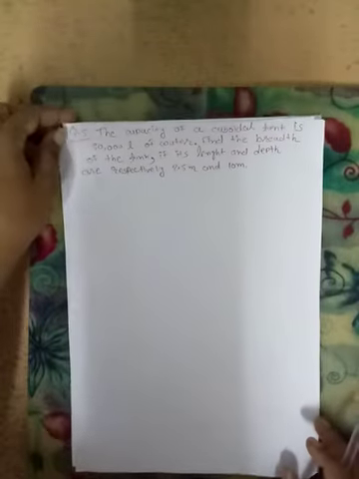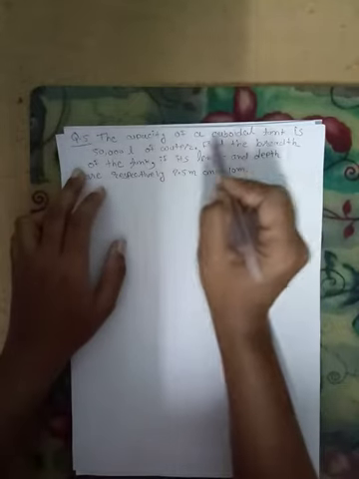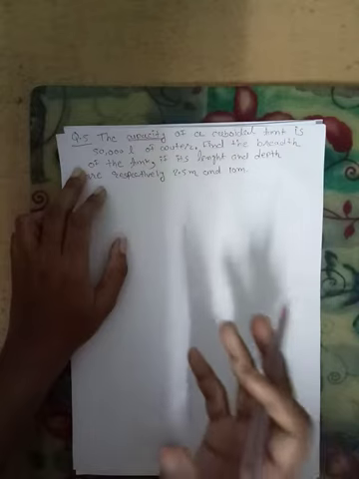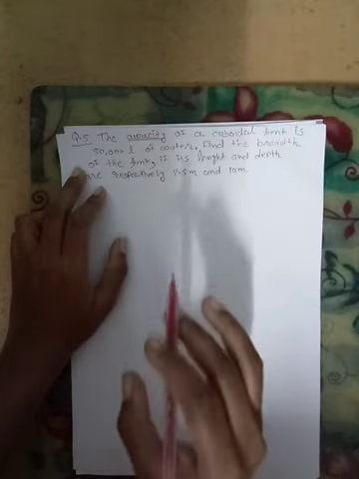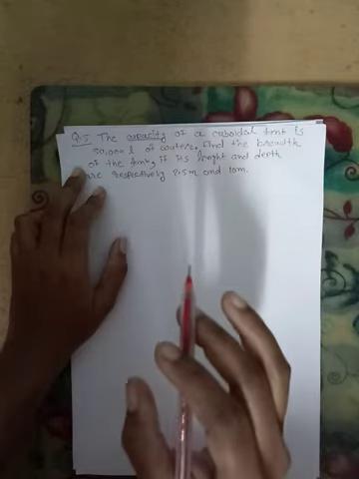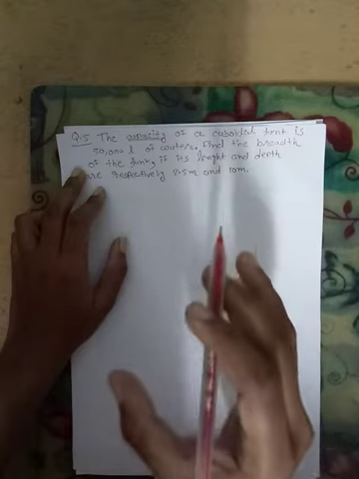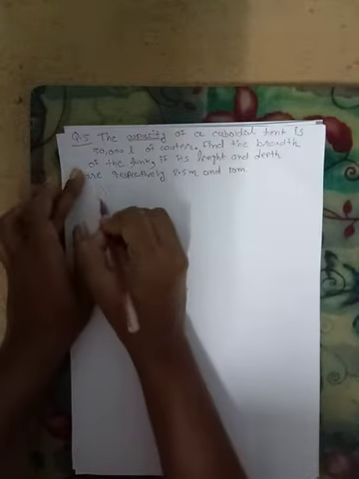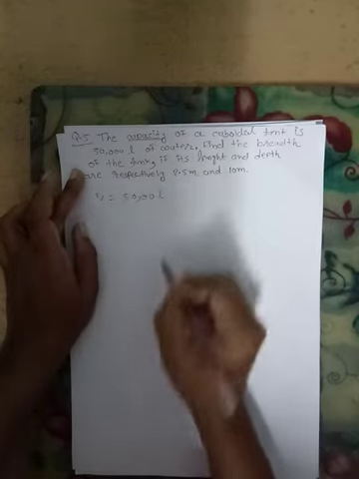The capacity of a cuboidal tank is, so here the measurement is capacity. If the question mentions the words capacity or hold, it is denoted by volume of cuboid. So V is equal to 50,000 liter.